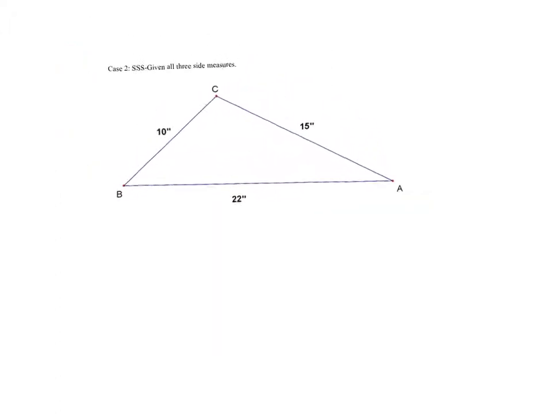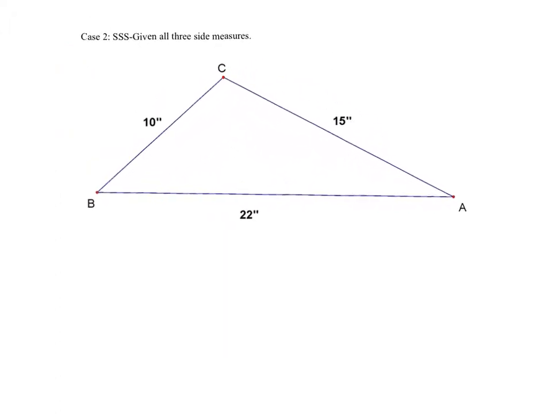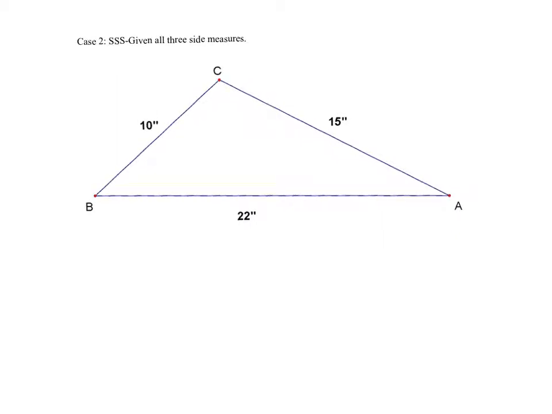We're going to do one more example, the second case, when we're given all three side measures. Side a is 10, side b is 15, and side c is 22. When we're given all three sides, we have to pick which angle we're going to solve for, and it doesn't really matter.